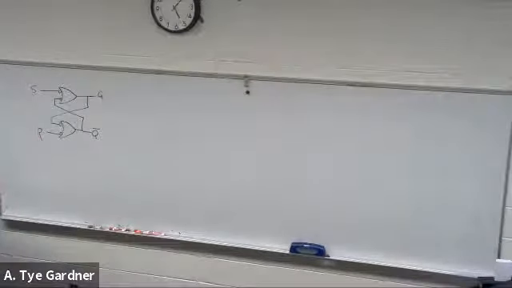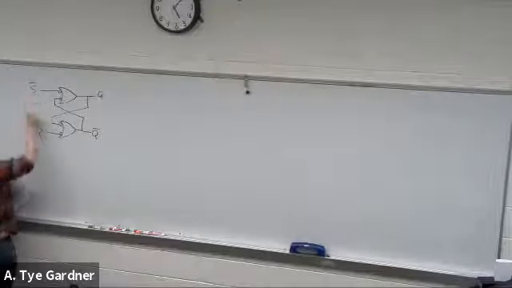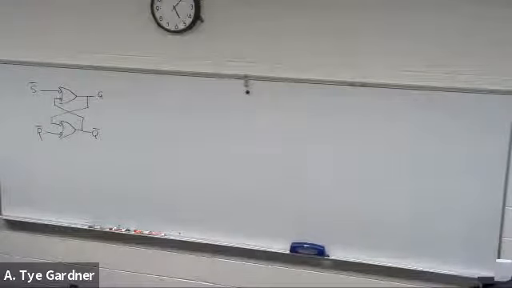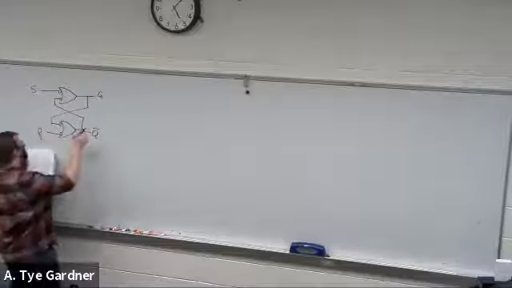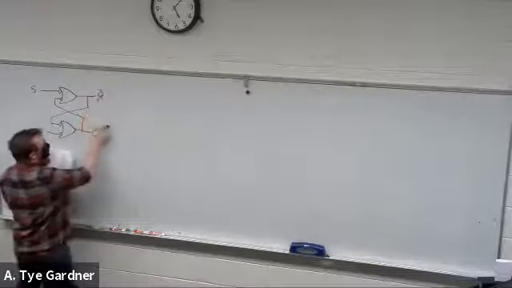Now, the trick with this that you'll find out is that the set and reset on these are active low. So it's really not set and not reset. You could also just flip the outputs and say that if my set or reset, then I have not Q and Q.